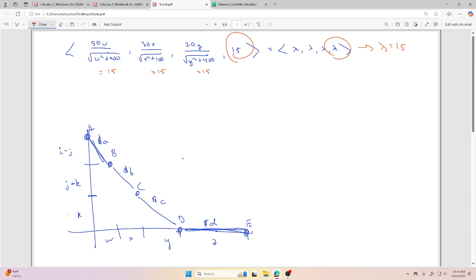Like this vector equals that vector? Right, and so since we have just a number there, we know that. Okay, that makes sense. Cool. If I have this, couldn't I just solve for W eventually?